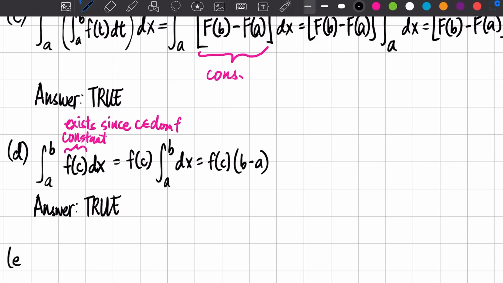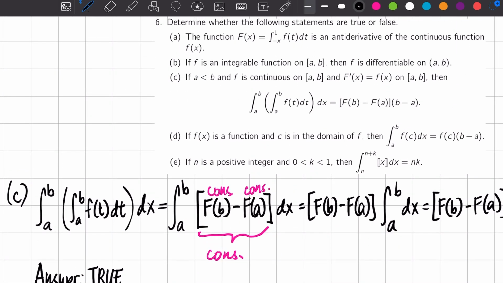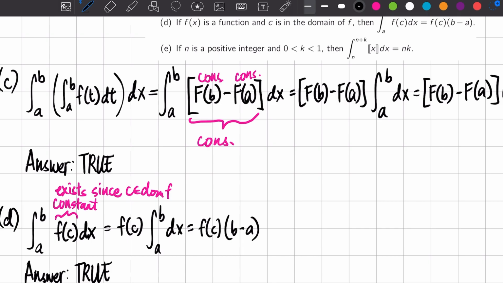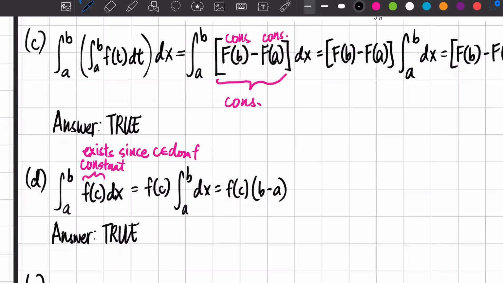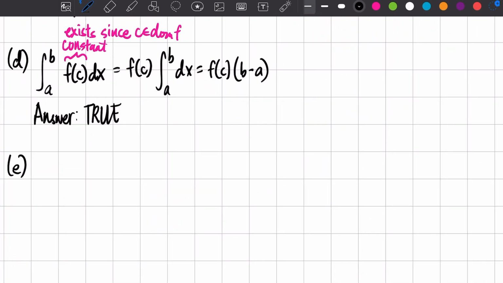Lastly, for letter E, what we have here, if n is a positive integer and k is in between 0 and 1, then this integral right here is equal to n times k. So let's recall your greatest integer.